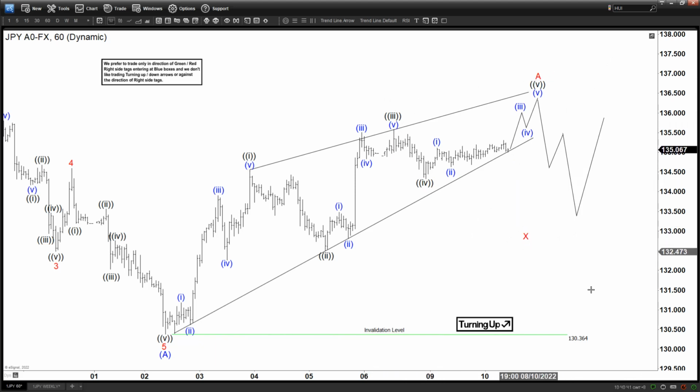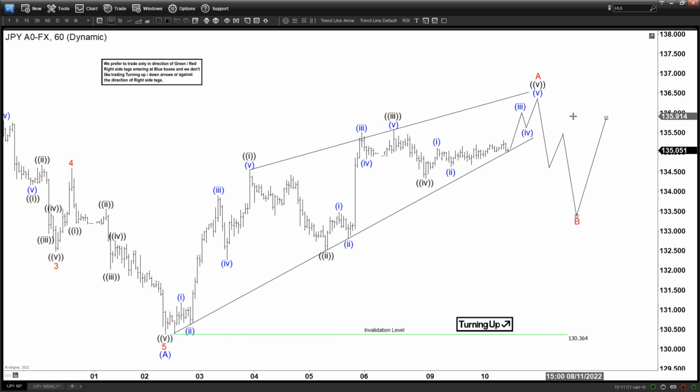The bottom line is, as long as we stay above 130.3, we might potentially get another leg up again. Shorter cycle in the US dollar yen, like I said, always has more possible adjustment, right? Shorter cycle can always have more path compared to the larger time frame.